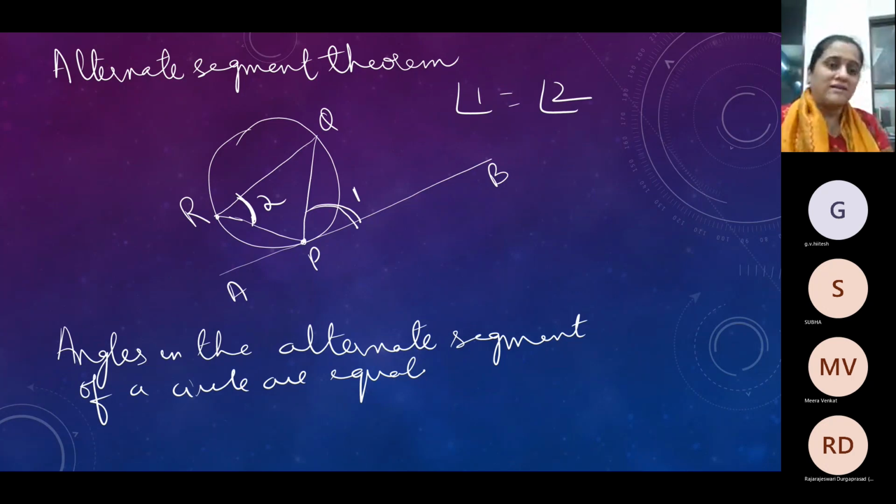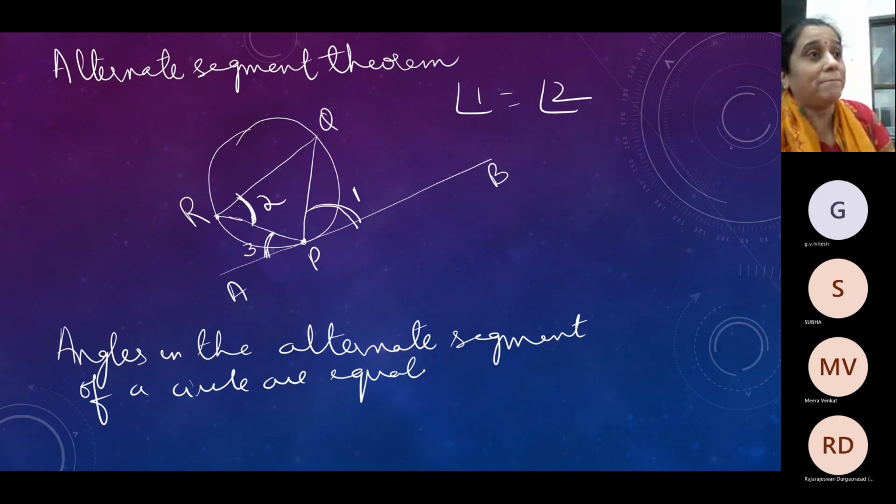Now take the other angle. See this angle? This angle is an angle between the chord PR and the tangent. I'll mark it angle 3. What is angle 3? Angle 3 is the angle between the chord PR and the tangent AB on the other side.